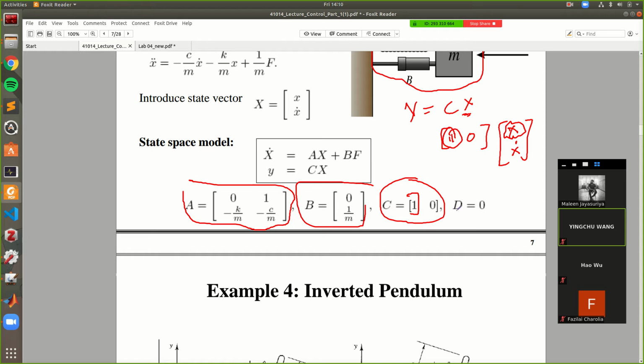Also, by the way, usually the state space model also has this additional term called D. But in a lot of cases this D is 0, which is why I didn't write it, but usually you write D equals 0 as well.